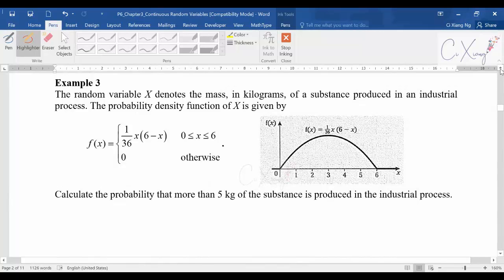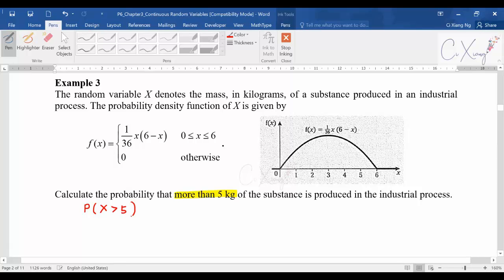For example 3, they give you a curve, and then they sketch a curve for you. For this question, they ask you to calculate the probability that more than 5 kilo of the substance is produced in the industrial process. So more than 5 kilo means x should be more than 5.